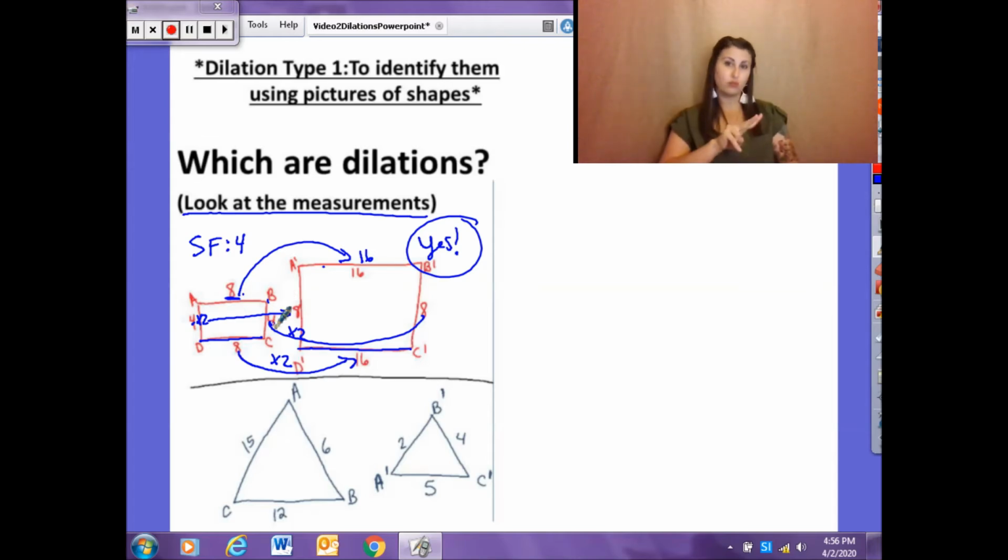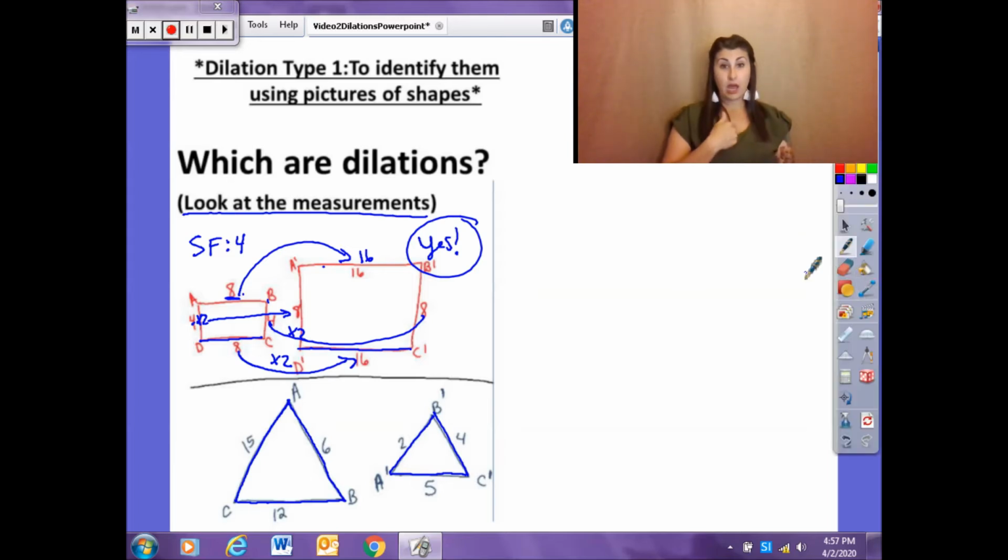Let's look down here. Okay, well here's C and here's A. Well, here's A prime and C prime. So this side corresponds to this side. And then C and B, so C and B correlate to this one, and then A and B correlate to that one. So this is what I'm going to do.